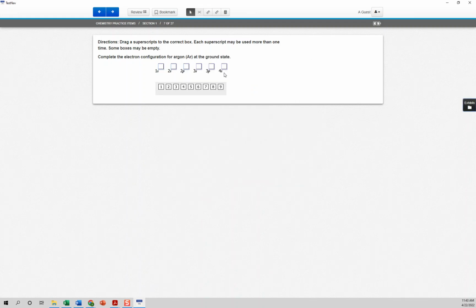Notice this 4s2, we're not going to put anything in there. Notice it does say some boxes may be empty. Okay, so 1s2, 2s2, 2p6, 3s2, 3p6, and we're done.